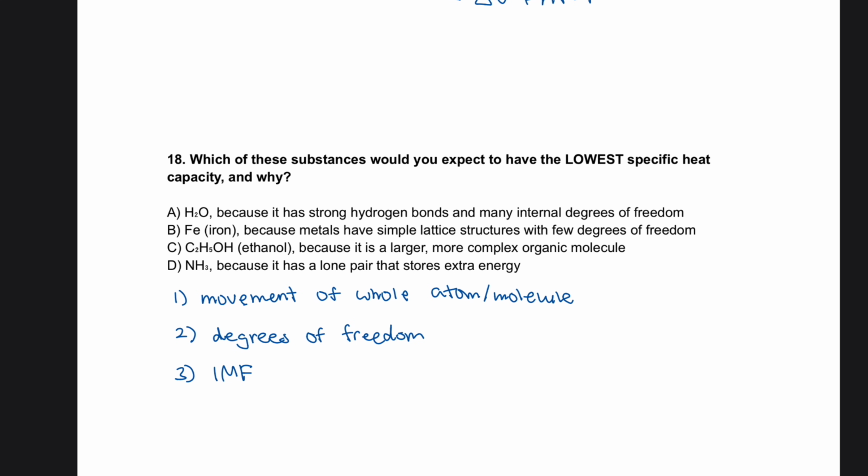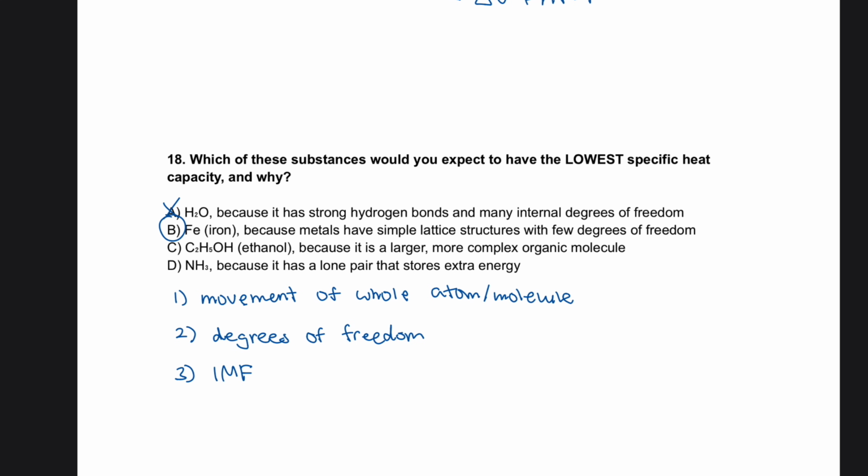If we look at all of our options, H2O, because it has strong hydrogen bonds and many internal degrees of freedom, would have a high specific heat capacity. Iron, because metals have a simple lattice structure with few degrees of freedom, will have the lowest, because remember that we want complex structures with a lot of degrees of freedom for a high value.